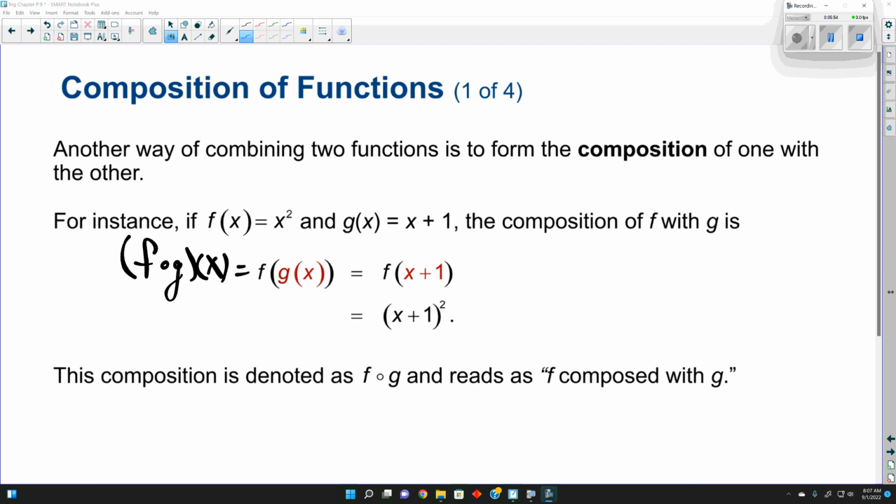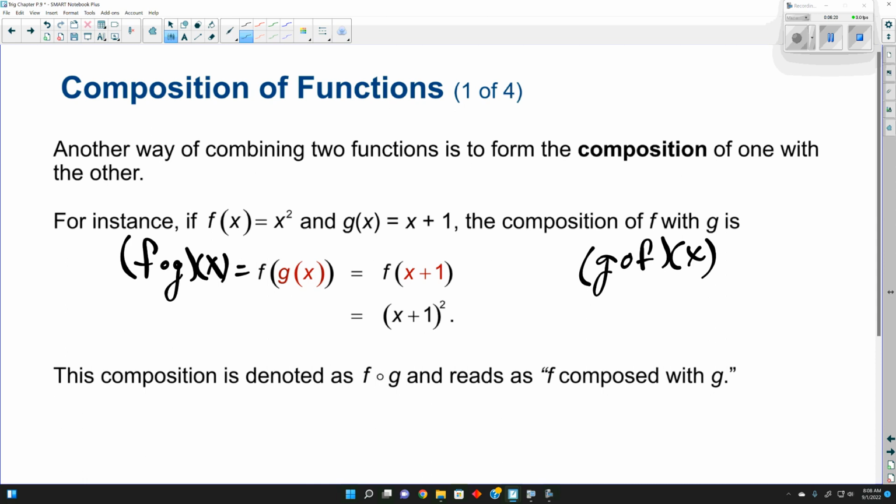The reason I say fog and Goff is because f of g of x, the way that this is written, looks like fog. Well, the other way we can have it is g of f of x. And with any of these, we work from the inside out.